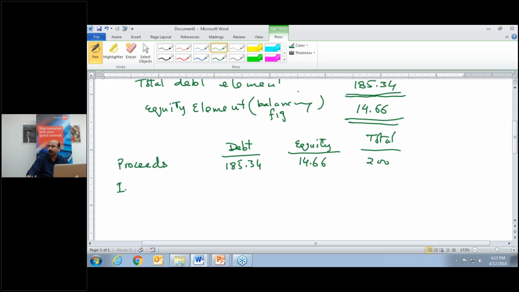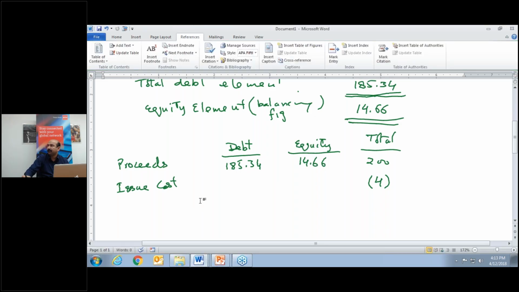Now, what is issue cost? Issue cost, we know from the example, is basically 4 million. We shall divide this 4 million between equity and debt on a pro rata basis. For example, how can we calculate?